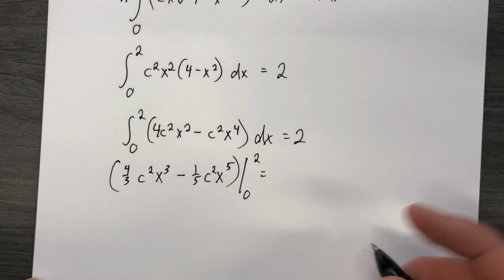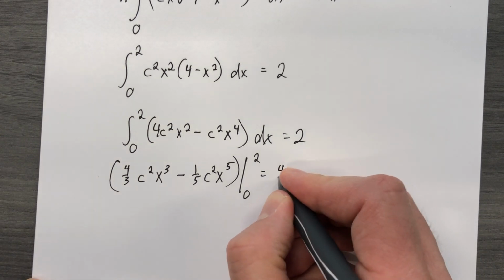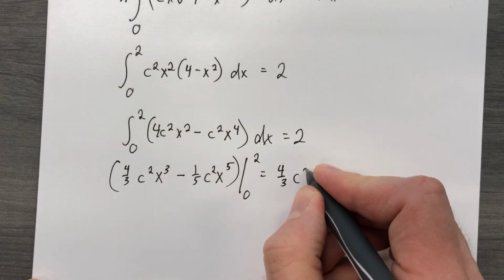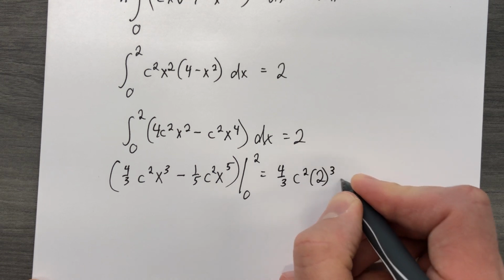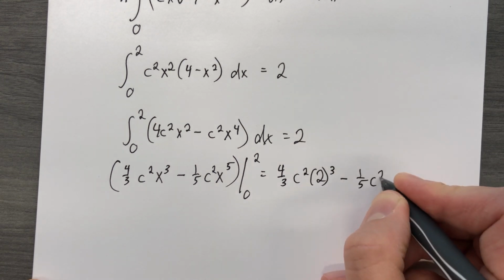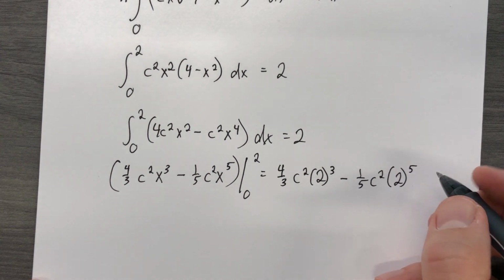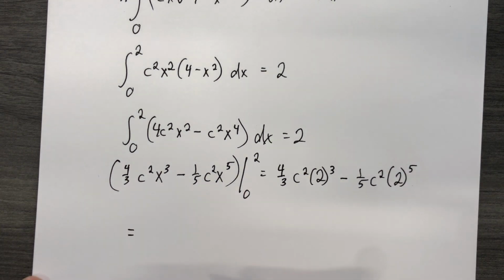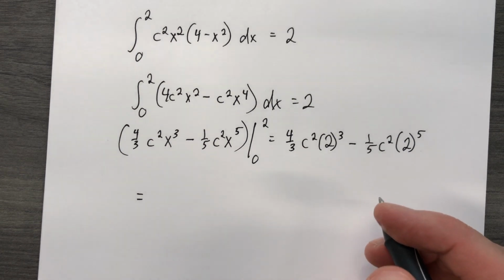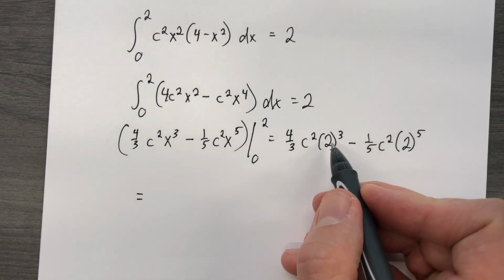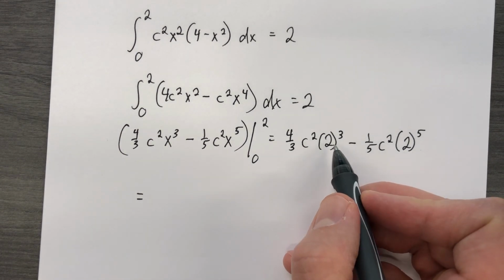That's irrelevant. And that's going to give me 4/3 c squared times 2 cubed minus 1/5 c squared times 2 to the 5th. Again, this is calculator inactive, so we're going to have to beat this thing up. It's going to equal 2 in just a few minutes, so it equals 2 now. We just haven't written that down again yet.